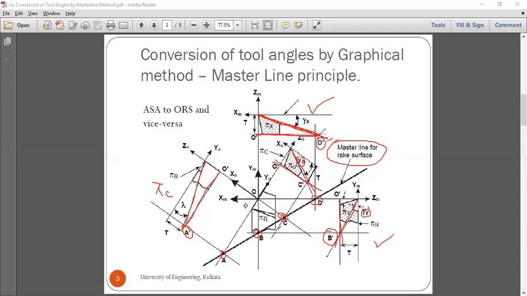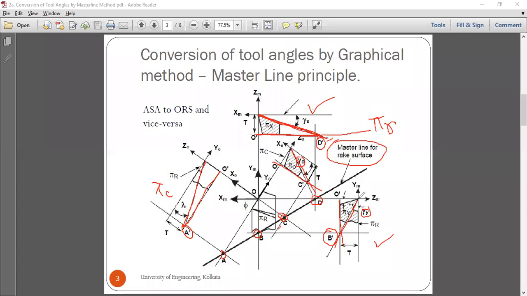Base means this is your pi r plane, right? Because the tool is placed on the pi r plane. So this rake surface intersects with the pi r plane at this point D dash, D dash.